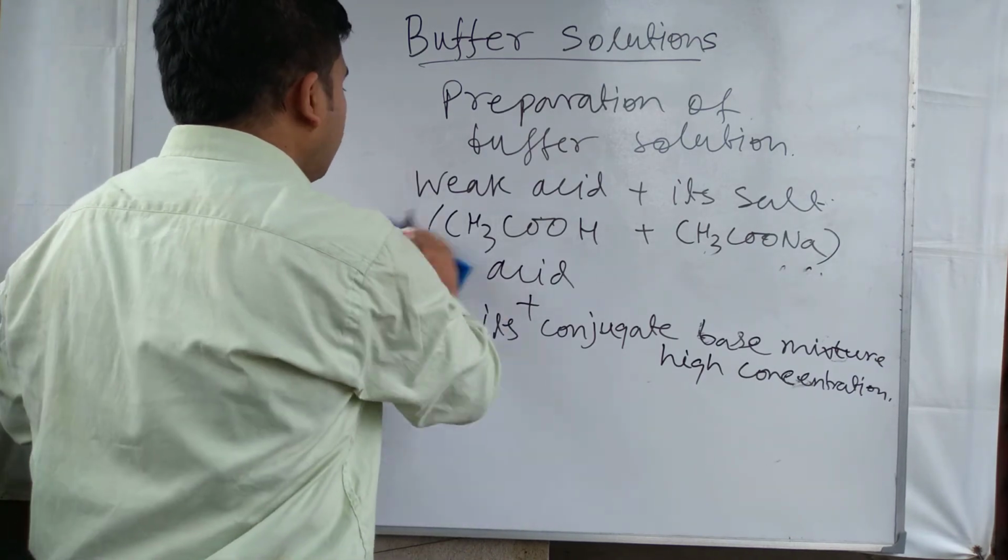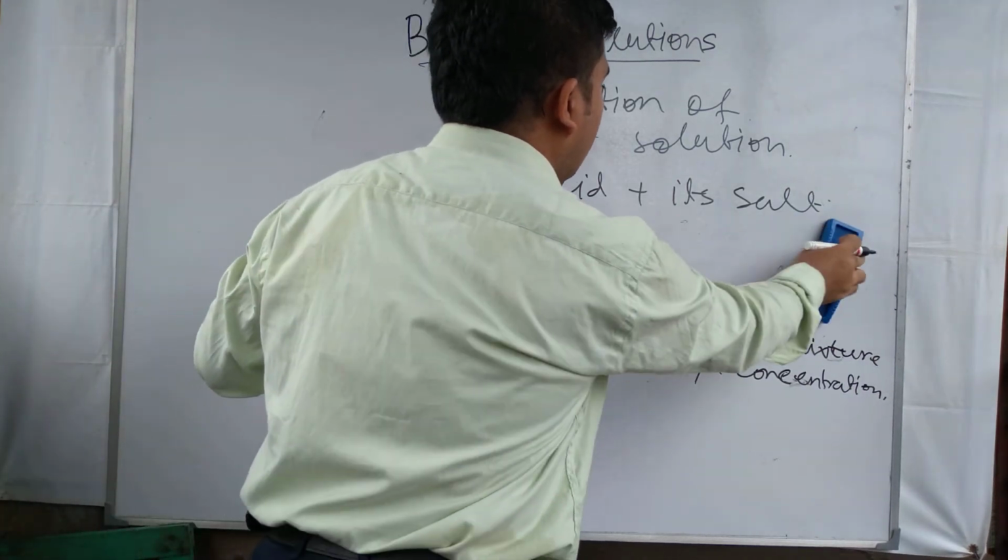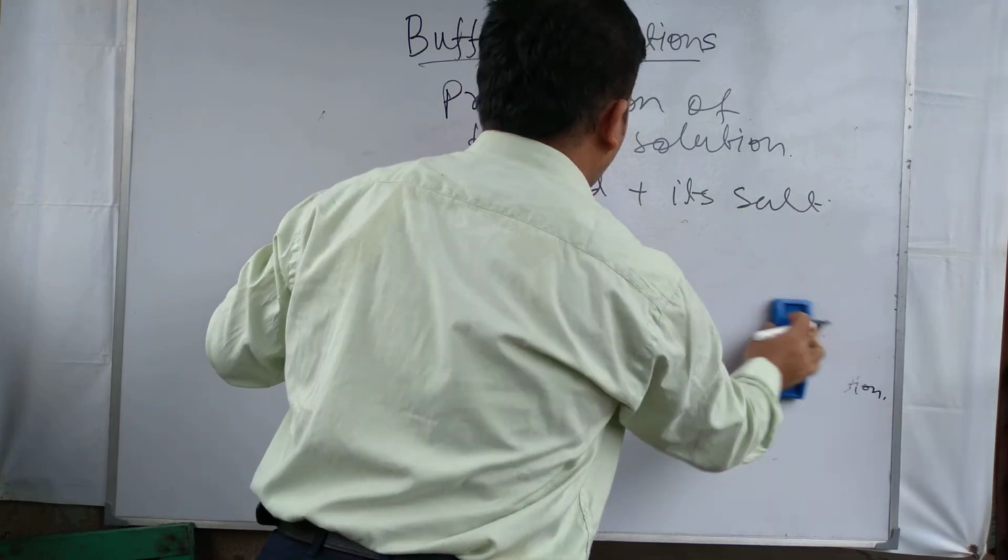So an acidic buffer is produced by the addition of a weak acid and its salt.